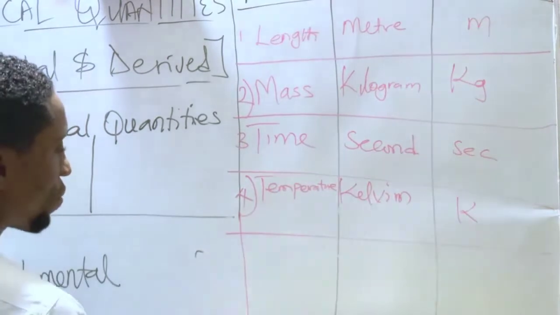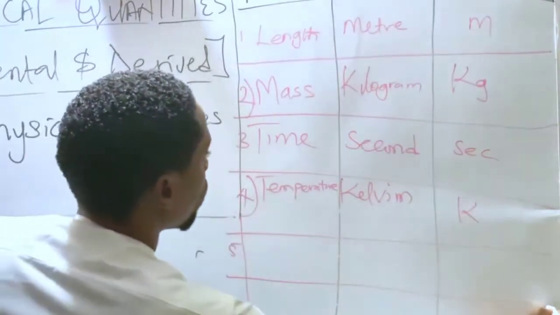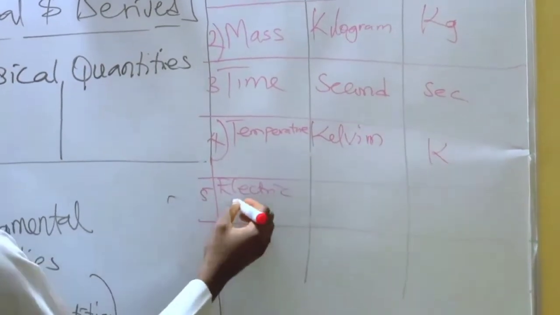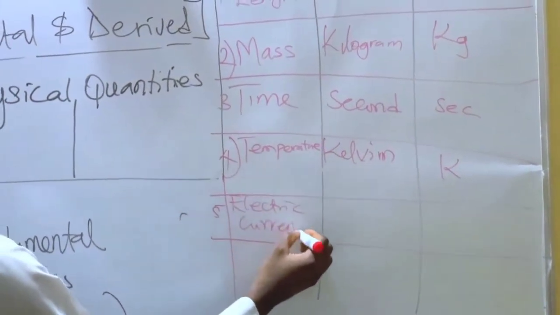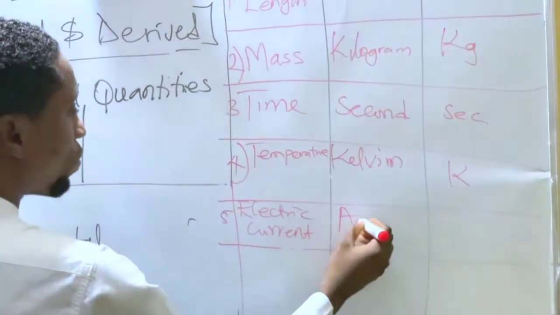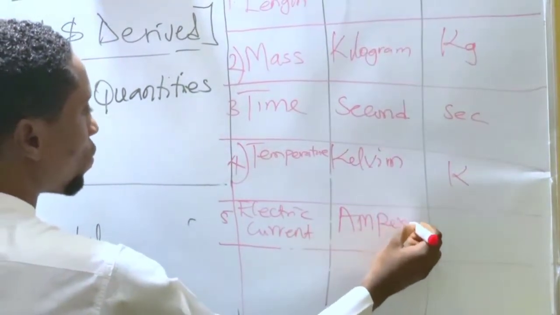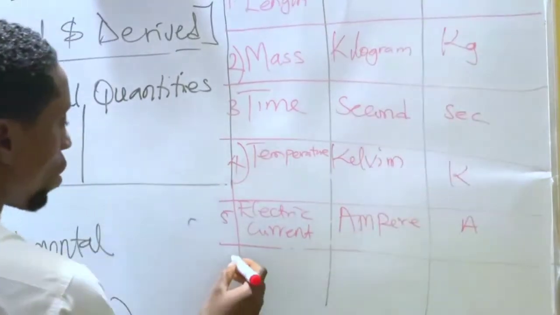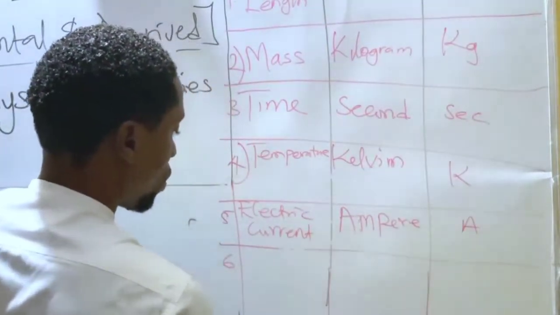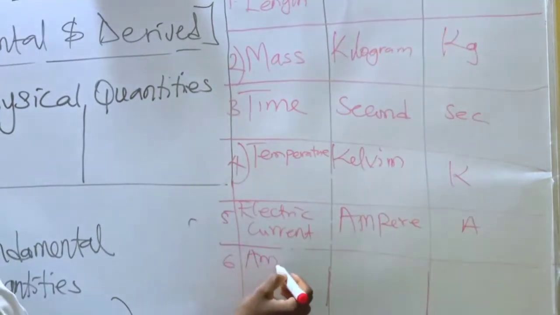Number 5, we have electric current. Electric current is measured in ampere. Number 6, amount of substance.